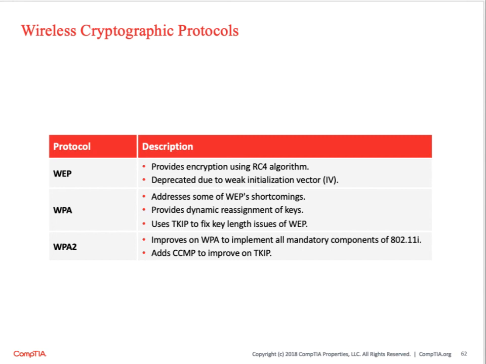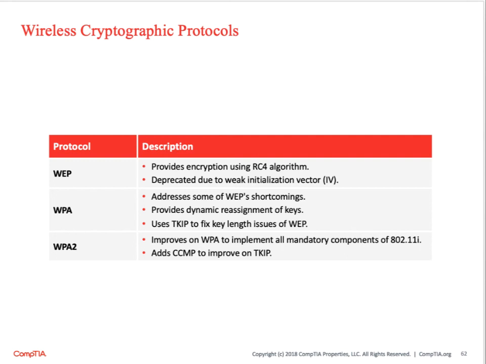And so when you combine existing WEP encryption, it's going to provide a 128-bit key that fixes that short key length issue that WEP had. However, this is kind of still vulnerable to attacks in which small packets can be decrypted. And so now we have WPA2, and this is going to improve on WPA by implementing all the components of 802.11i.